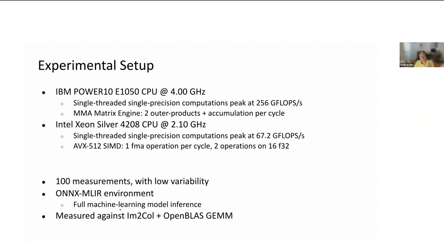And we did this for full machine learning models. We didn't just do the experiments for convolution. We measured against Img2col, that's our baseline, Img2col plus OpenBLAS for these architectures. Please notice that the OpenBLAS in our baseline is the OpenBLAS with MMA.